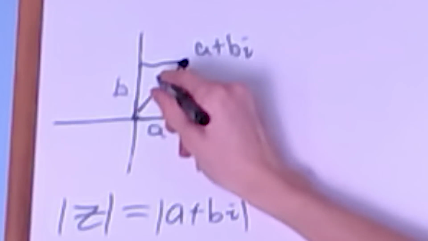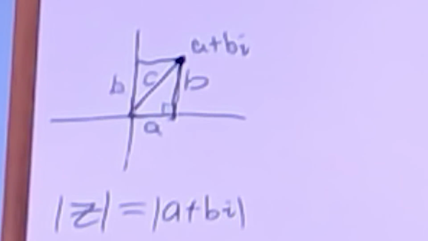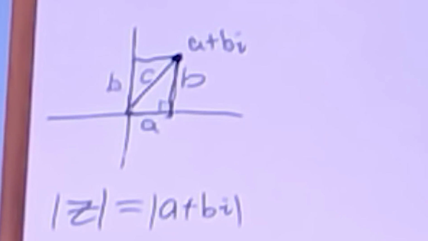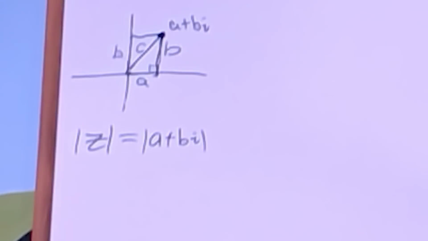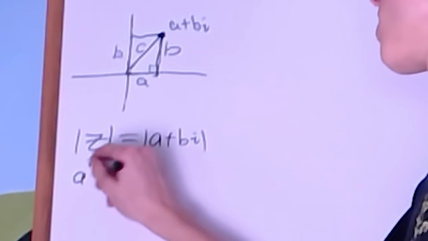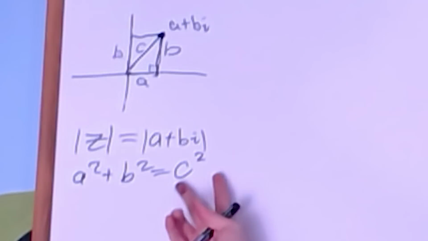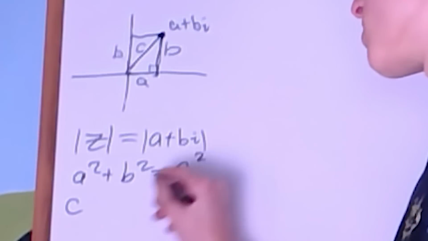Let's call the hypotenuse c, and this is what we want to find out. You may have seen a triangle labeled a, b, c somewhere else, and that is the Pythagorean theorem: a squared plus b squared equals c squared. C is what we want to solve for, so let's take the square root of both sides.